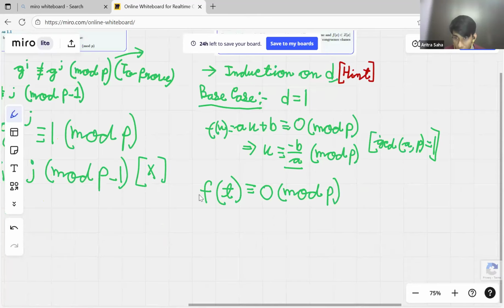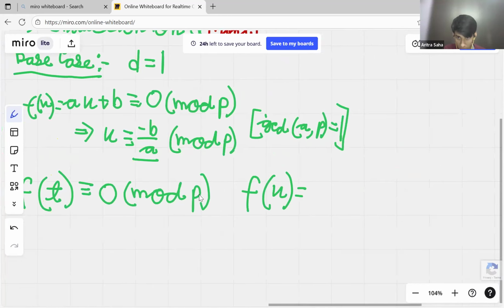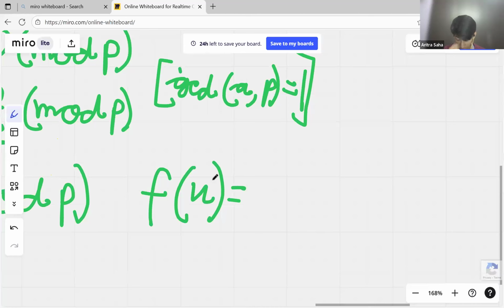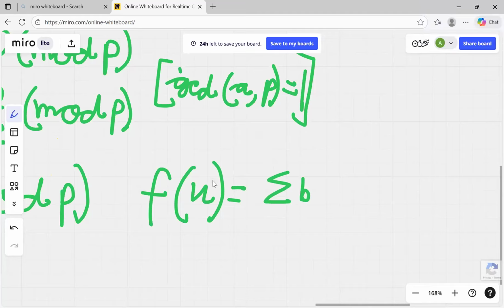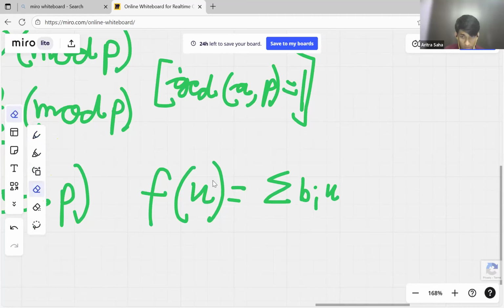Now consider the polynomial f(x), which is a sum of e_i x to the power i, where all e_i are in 0 to p minus 1.